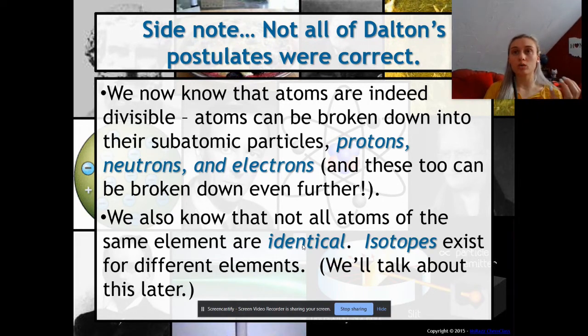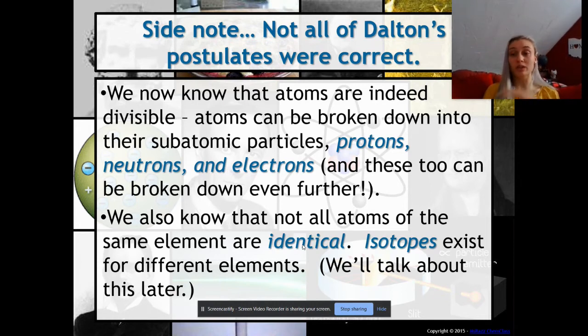And so an example of that would be, if we have two atoms of oxygen, I keep using oxygen because it's easy. Oxygen's atomic number, I think, is 8. And so the atomic number, remember, tells us the number of protons in that atom. And the only thing that has to remain the same in atoms of the same element is that the number of protons has to remain constant.